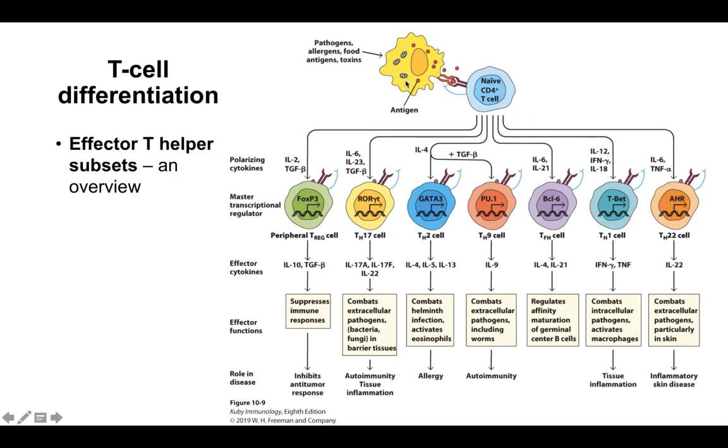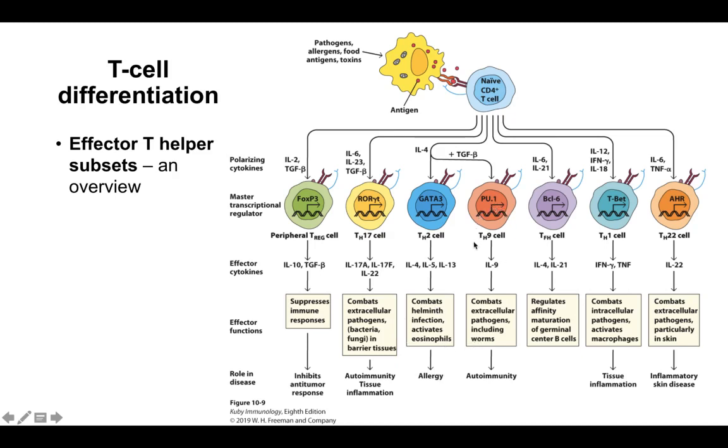If the conditions given towards the T cell include IL-4, you'll get a Th2 response, for which the transcription factor is GATA3. These Th2 cells produce IL-4, IL-5, and IL-13, and they're important in worm infections, and they do have a role in allergy as well.